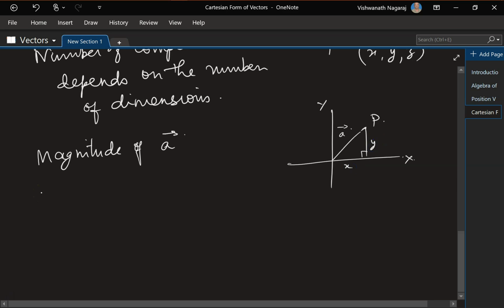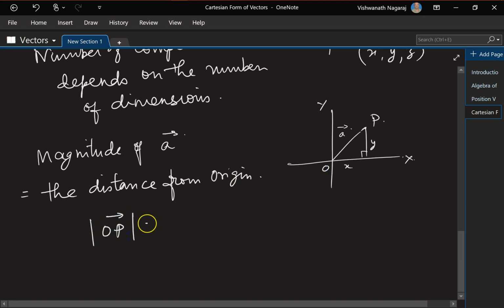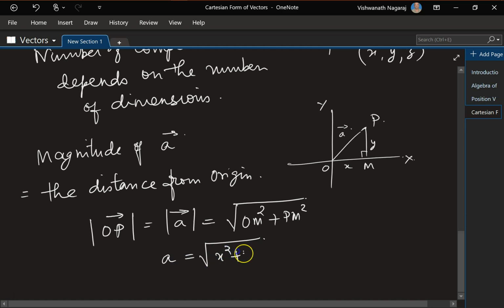So magnitude of A would be the distance from origin. Since it is a right angle triangle, magnitude of OP, this is O, would be the magnitude of A, which is equal to square root of, let's say this is M, OM square plus PM square. Now magnitude of A can be written like this, or we can just say A is equal to square root of x square plus y square.